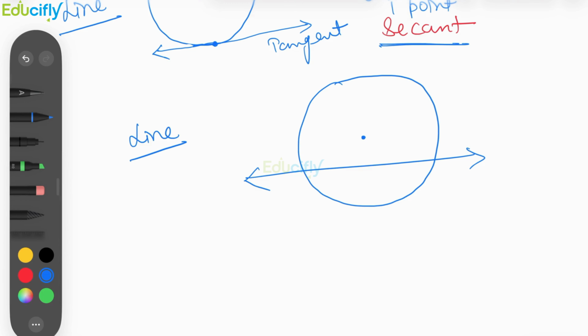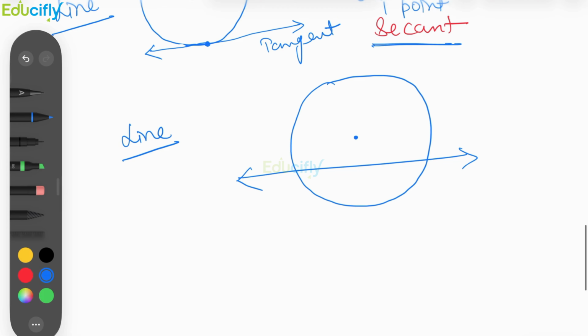So basically a line is passing through a circle and cutting the circle at two points. So this is called a secant. This way we can understand it easier.